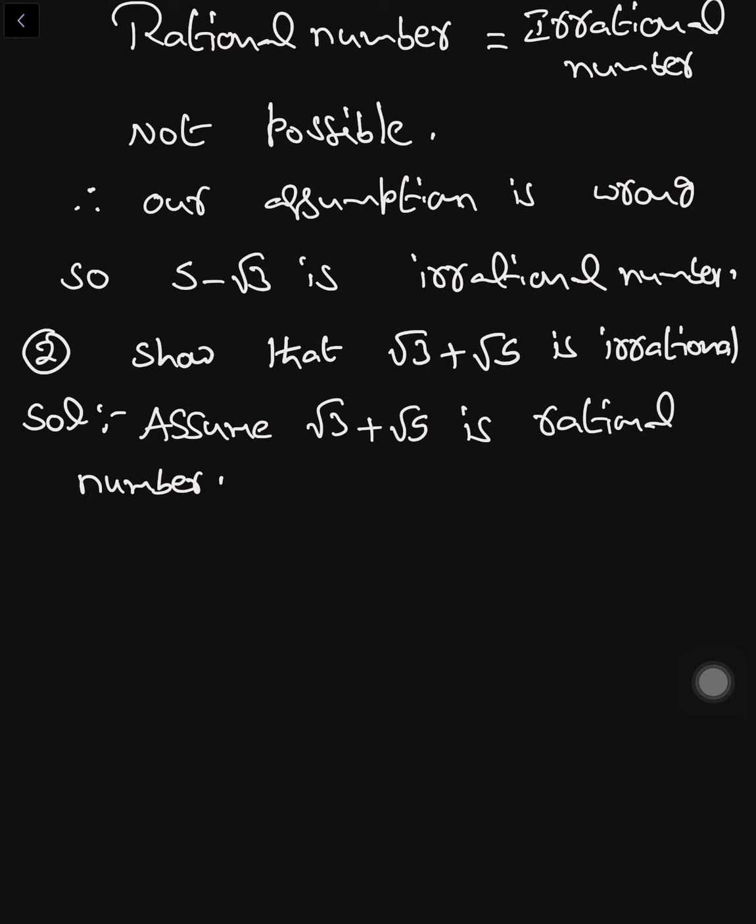So every rational number is in the form of p by q, where q is not equal to 0. p comma q are co-prime numbers. You can take p comma q are co-prime numbers, or p comma q are integers, whatever it may be, correct here.